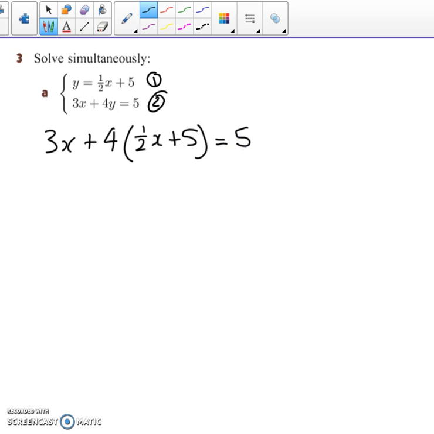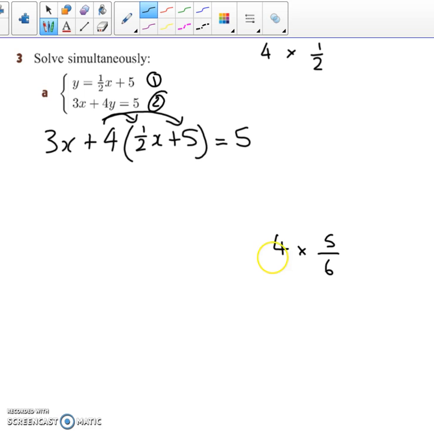So what we do from here, obviously, we're going to need to expand. Now, we're going to need to remember what happens when we multiply fractions. If I've got 4 times a half, it's nice and easy because half of 4 would be 2. But if we had a more complicated fraction, like 4 times 5 over 6, it's not as easy to remember how to do these.